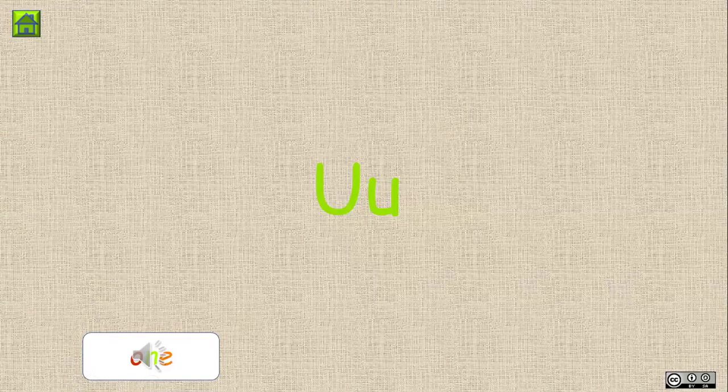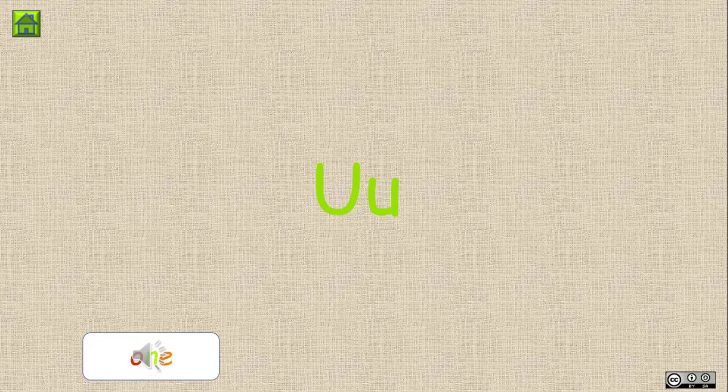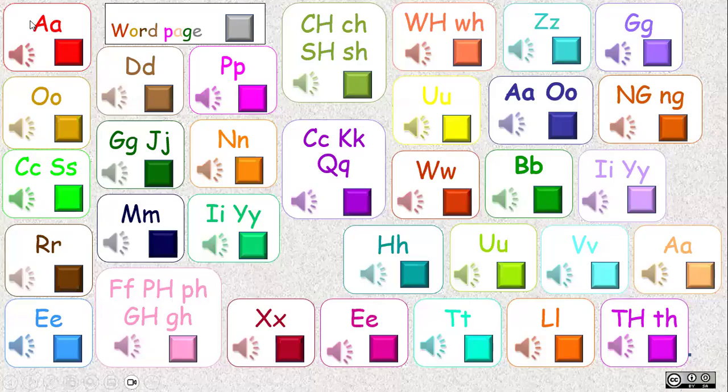And the last sound in the word one is an N sound. Even though it's the letter E, the last sound is an N. So we put an N for the last sound. Let's see if we can find the N sound on the home page.